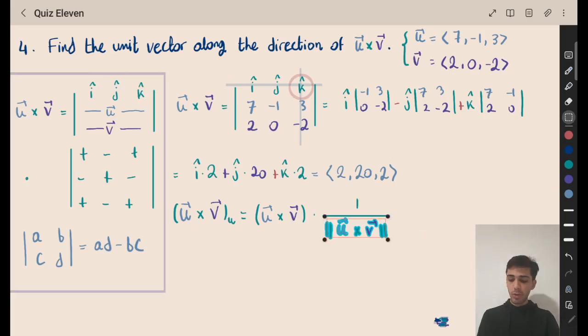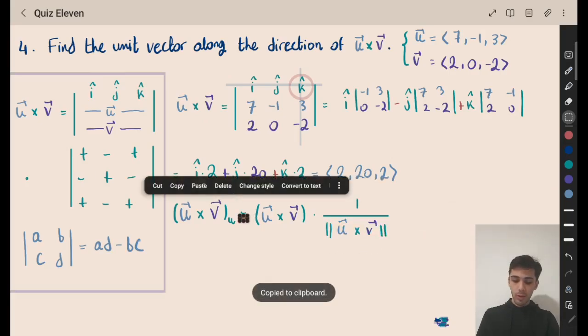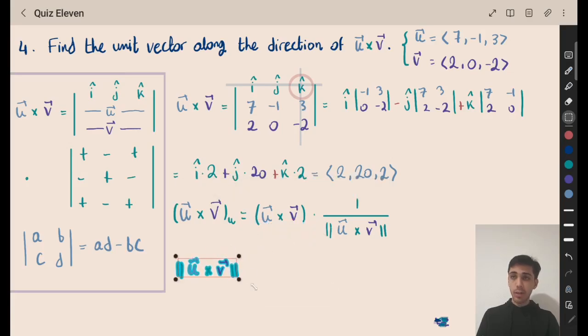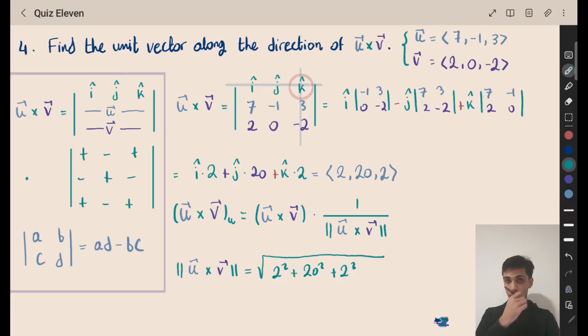We just need to compute the norm of u times v. And as we've seen earlier, this is just going to be the square root of each component squared. So 2 squared, 20 squared, and 2 squared. But don't forget to add them up.